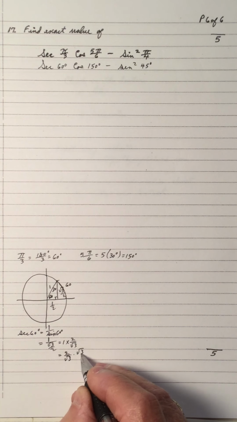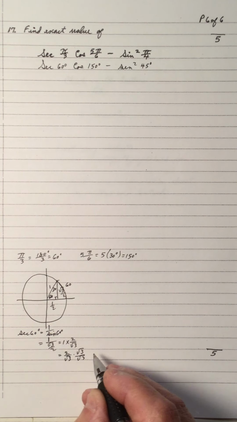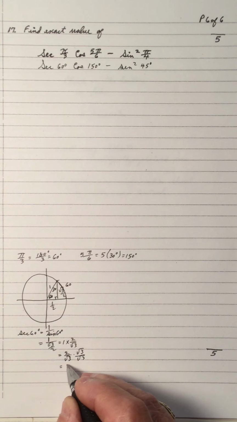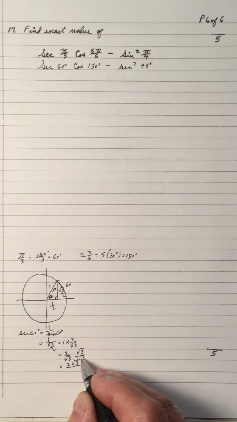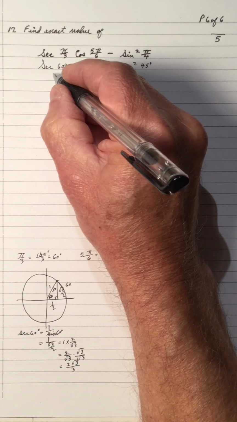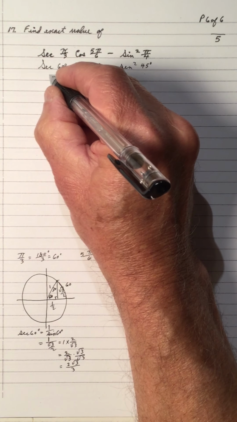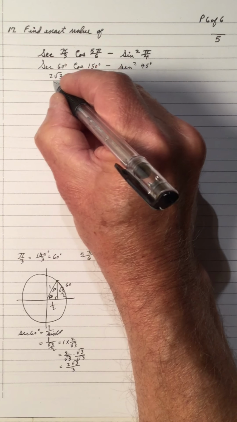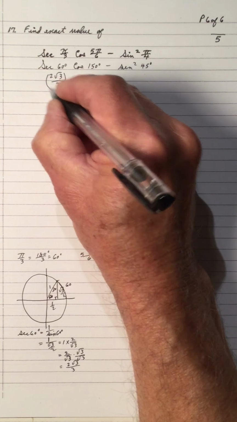And conjugate. So this becomes 2 root 3. Root 3 times root 3 is 3. So the secant of 60 is 2 root 3 over 3.